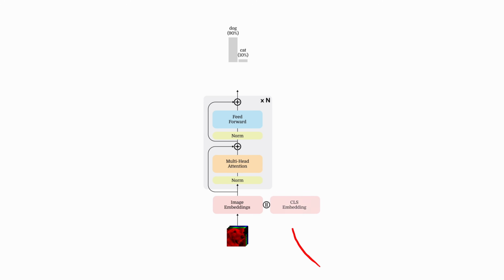It appends a special classification token named CLS to the input sequence. Because of the bidirectional attention in the encoder, the CLS gets to see all the image patches and becomes a sort of summary of the image. A final learned classification head converts the contextual output embedding of the CLS token into a probability distribution. And that is how the Vision Transformer performs image classification.